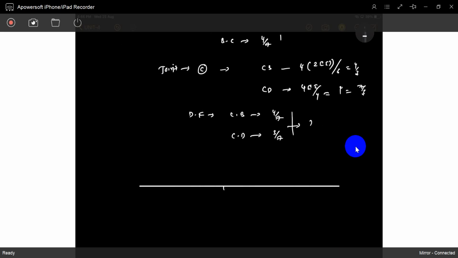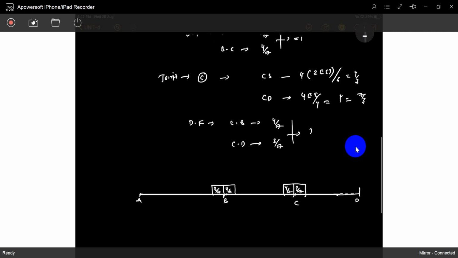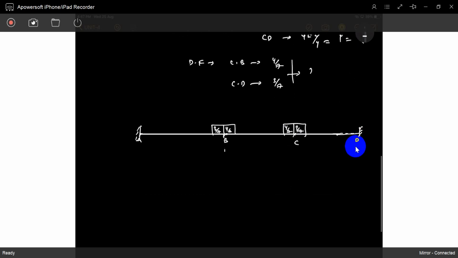Take B, C, D, A. B has BA 3 by 7 and BC 4 by 7; C has CB 4 by 7 and CD 3 by 7. That's it. A is fixed, D is also fixed. Very simple. So write down the fixed end moments.